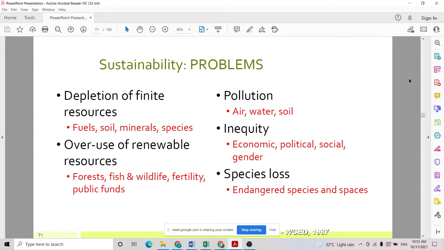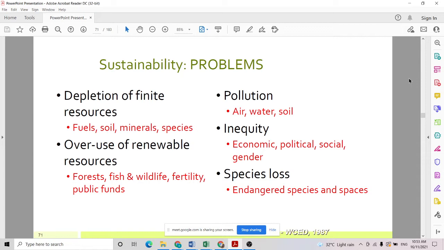Today I will focus on sustainability problems and issues. Basically there are 5 normal issues. They are not problems but issues. Normally we have the depletion of resources, where we focus on fuel, soil, minerals, and also animal species.